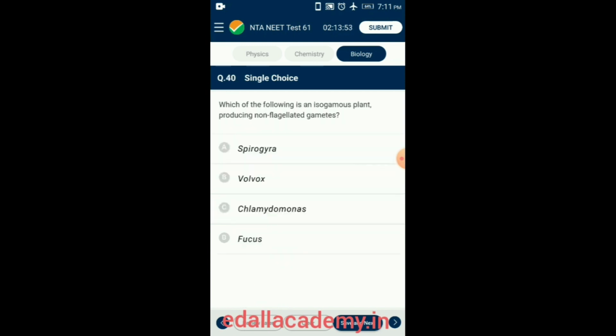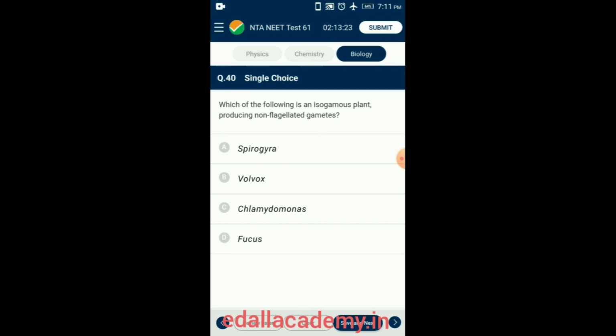Question number 40. Which of the following is an isogamous plant producing non-flagellated gametes? Sexual reproduction takes place through fusion of two gametes. These gametes can be flagellated and similar in size as in Chlamydomonas, or non-flagellated, that means non-motile, but similar in size as in Spirogyra. Such reproduction is called isogamous.